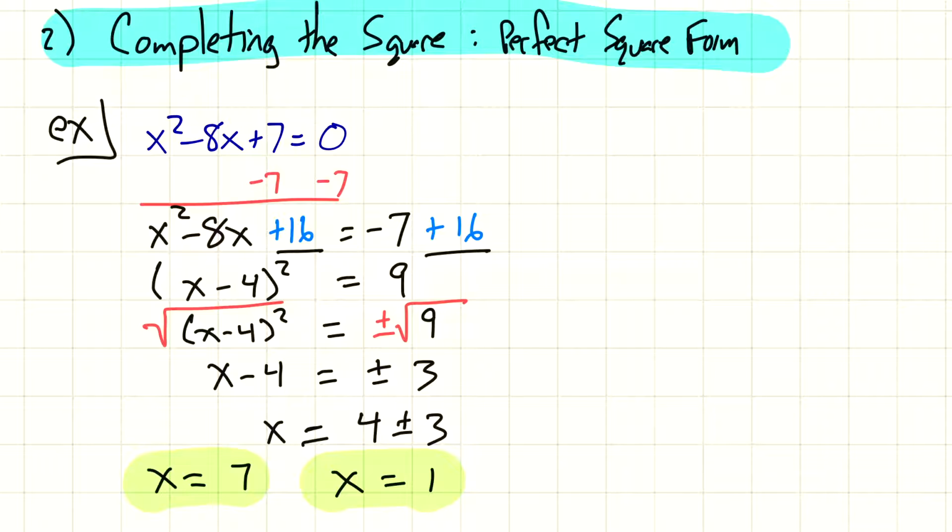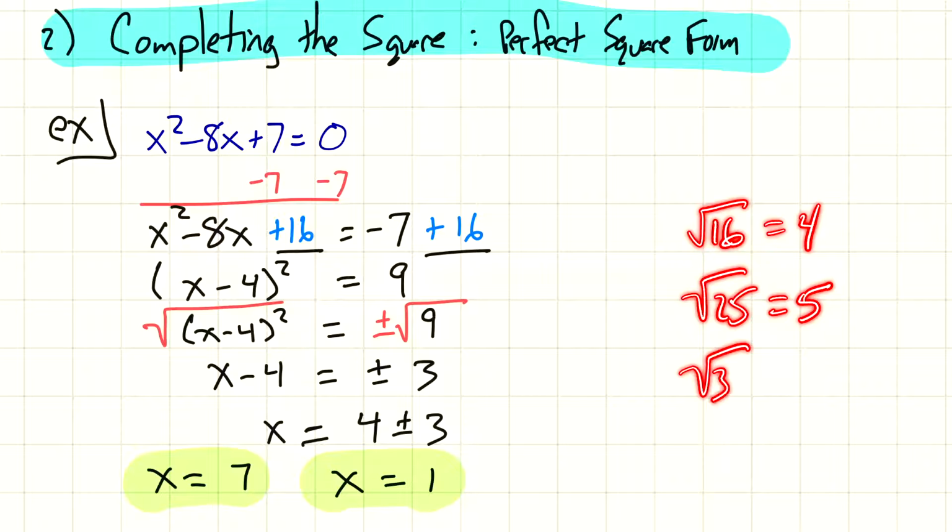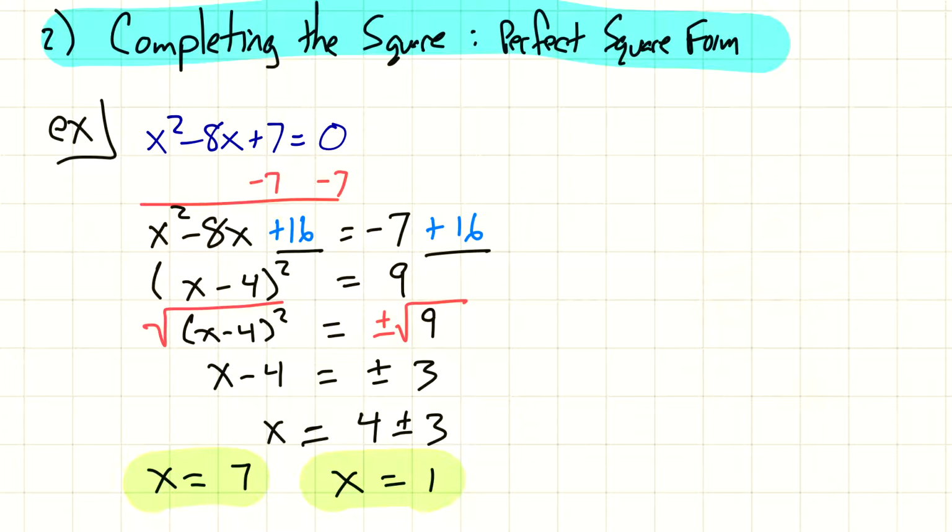You don't have to put plus or minus square root of 9, and that'll give you that 3. So if it was a square root of 16, that would be 4. Square root of 25, that would be 5. Square root of 36 would be 6. So make sure you understand your square roots, your perfect squares, and how to simplify those.